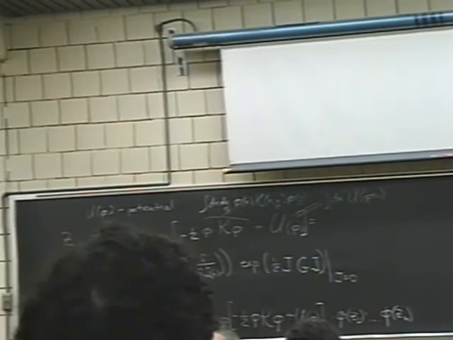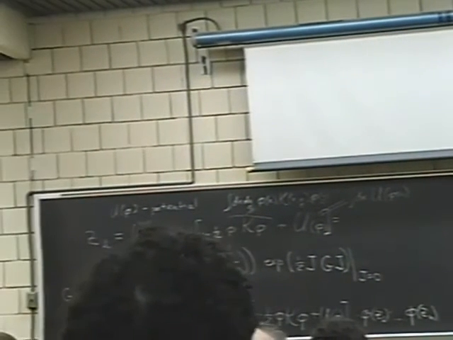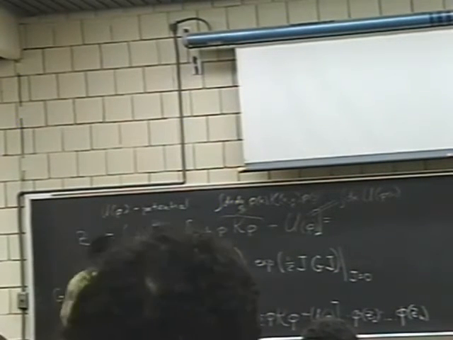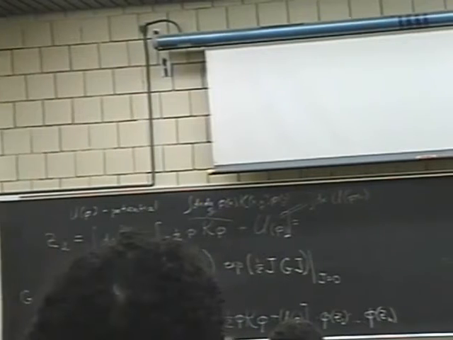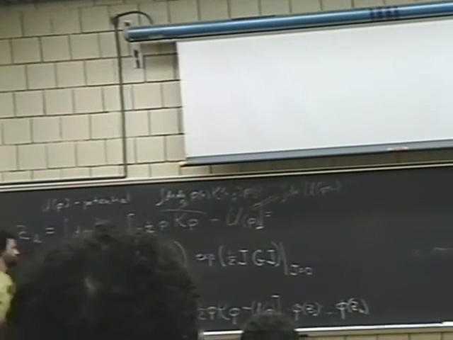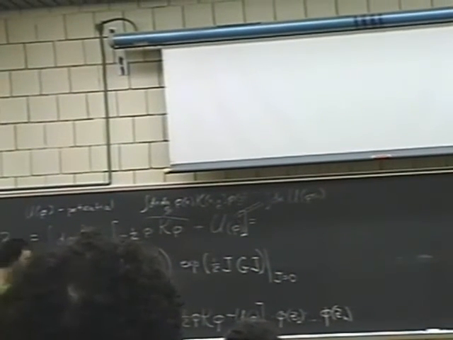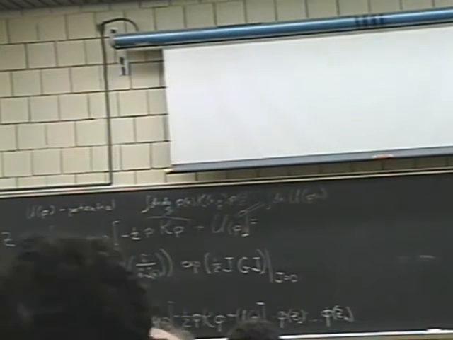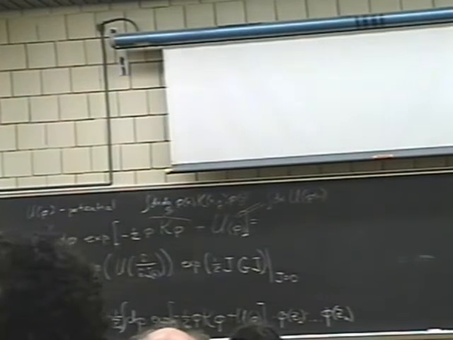I should normalize it by dividing by 1 over z u. Here I denoted by u to see that the potential is present here in the exponent.